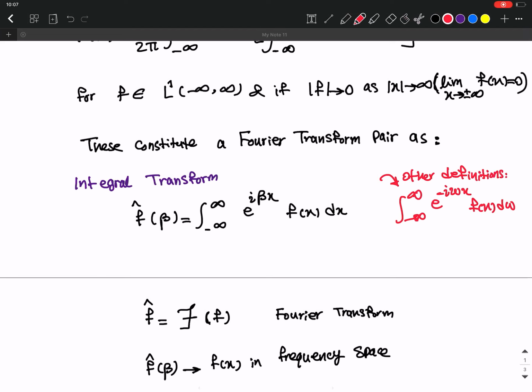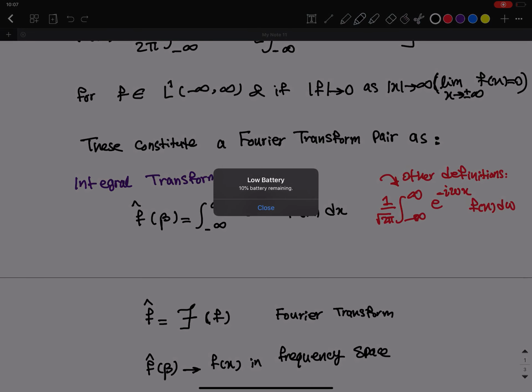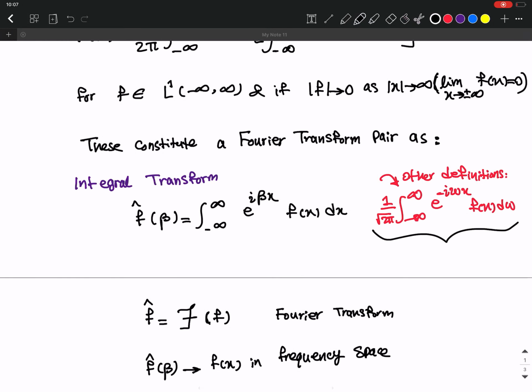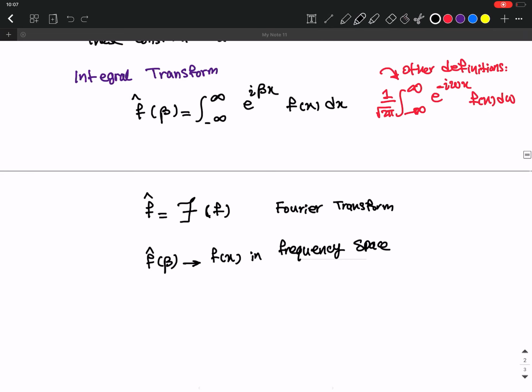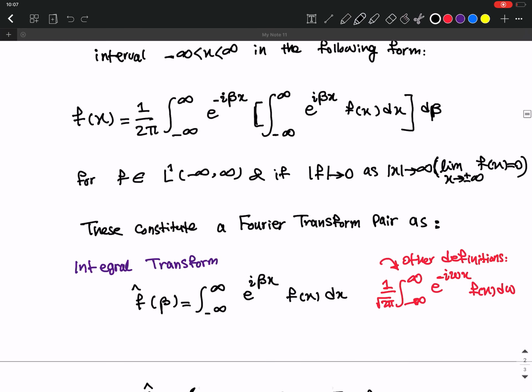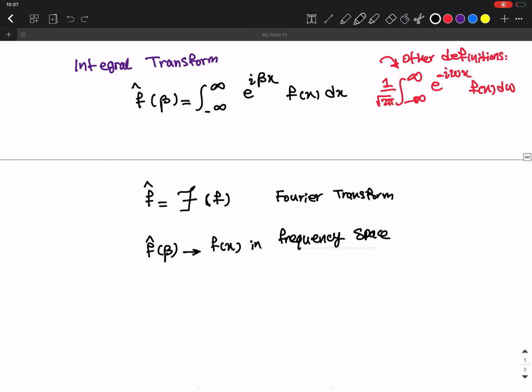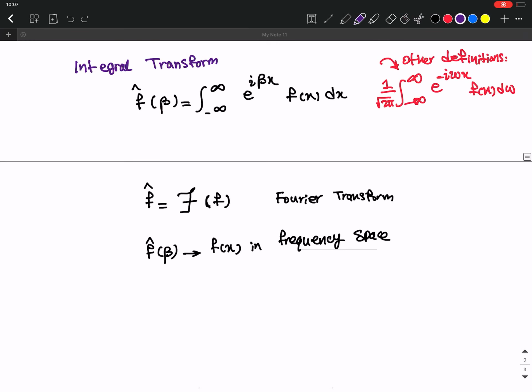You might even see they put 1 over square root of 2 pi here. But here we just stick with this definition. Just so you know, these are other definitions that we can have. Okay, so this is the integral transform, and then here we had another expression too, and that is what we call the inversion formula.